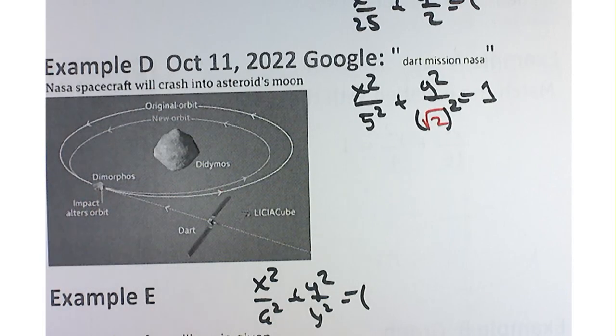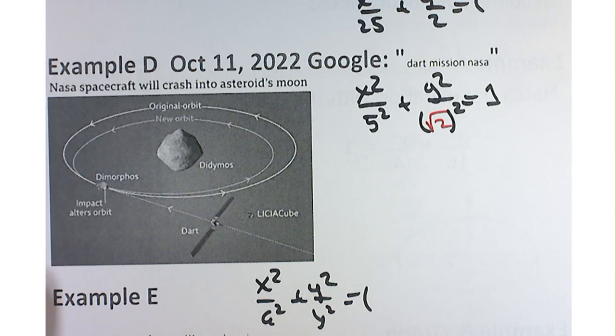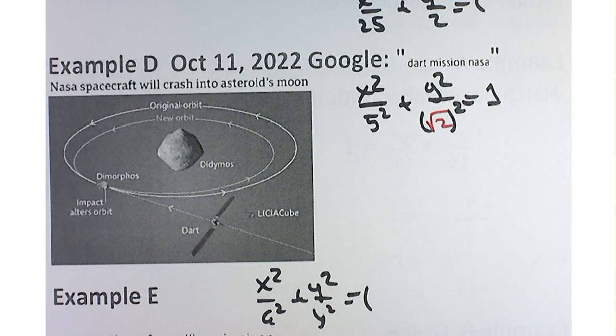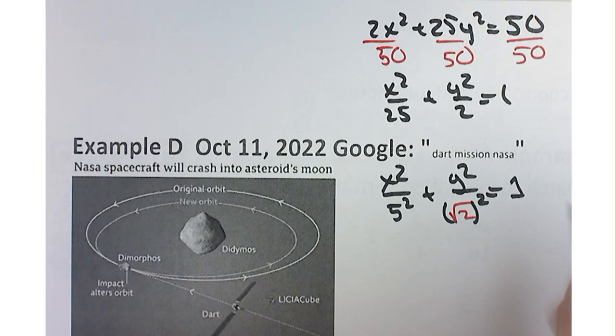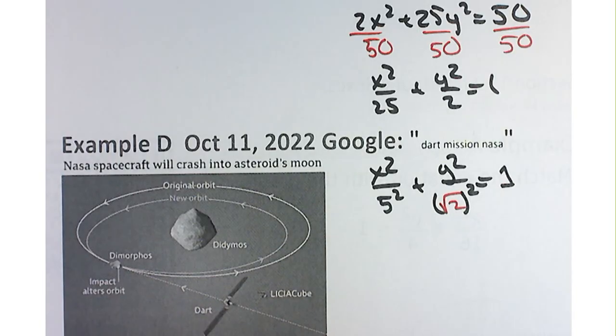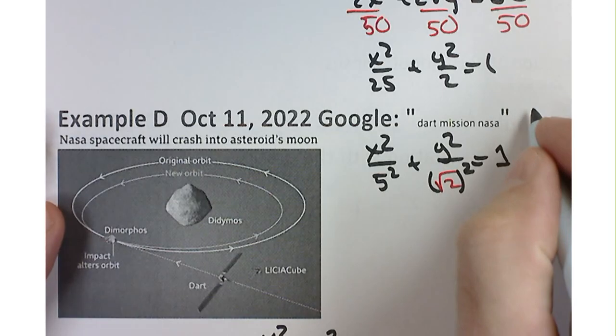As far as finding your foci is concerned, let's find your vertices first. I'm going to write them up here. We're going to start out at the center. Now in section 11.2, the center is always (0, 0).